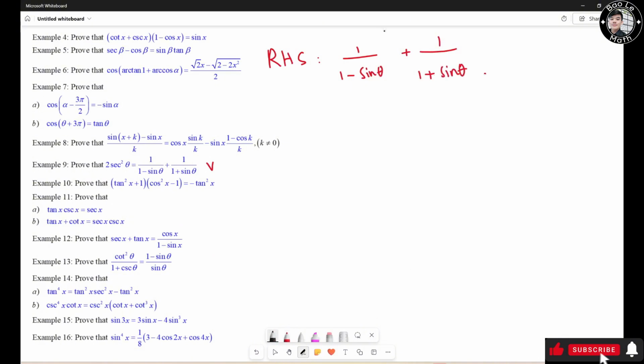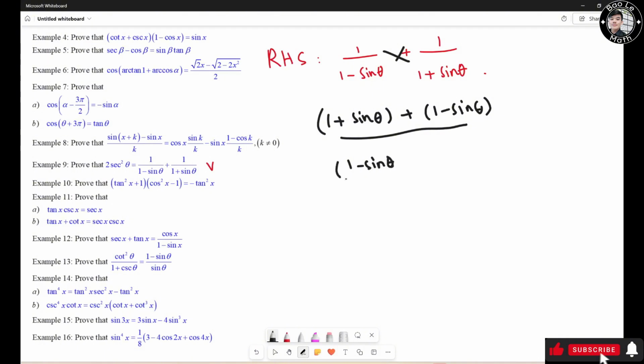So I just cross multiply like this. So I have 1 plus sine theta plus 1 minus sine theta over 1 minus sine theta times 1 plus sine theta, right?